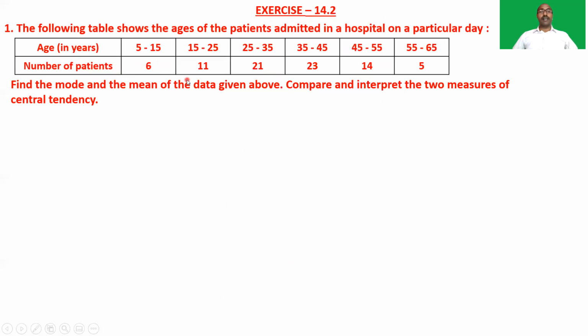The number of patients admitted from age 5 to below 15 years is 6, from 15 to below 25 is 11, from 25 to below 35 is 21, from 35 to below 45 is 23, from 45 to below 55 is 14, and from 55 to below 65 is 5.